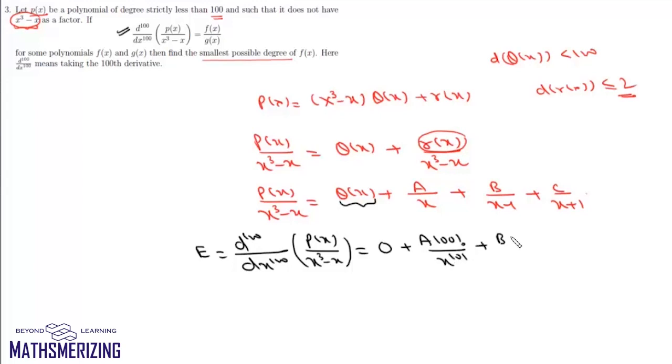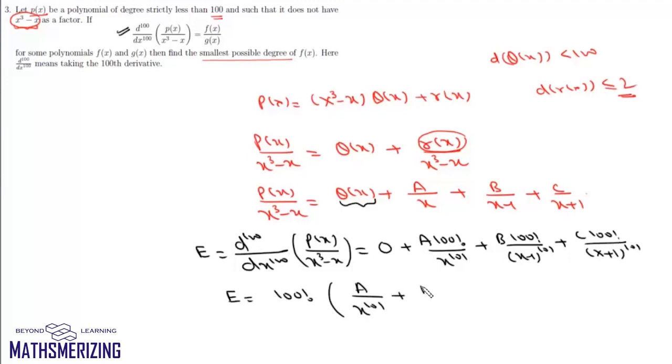In the same way, it will be b into factorial 100 upon (x minus 1) to the power 101 and plus c into factorial 100 upon (x plus 1) to the power 101. So this E will be factorial 100 times (a upon x to the power 101, plus b upon (x minus 1) to the power 101, plus c upon (x plus 1) to the power 101).